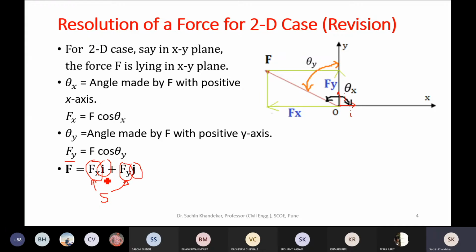When you multiply this Fx by the unit vector i, the whole quantity becomes a vector quantity. So a scalar multiplied by a vector is ultimately a vector quantity. Similarly, Fy multiplied by j is a vector quantity, while only Fy is a scalar component. I hope you have understood.